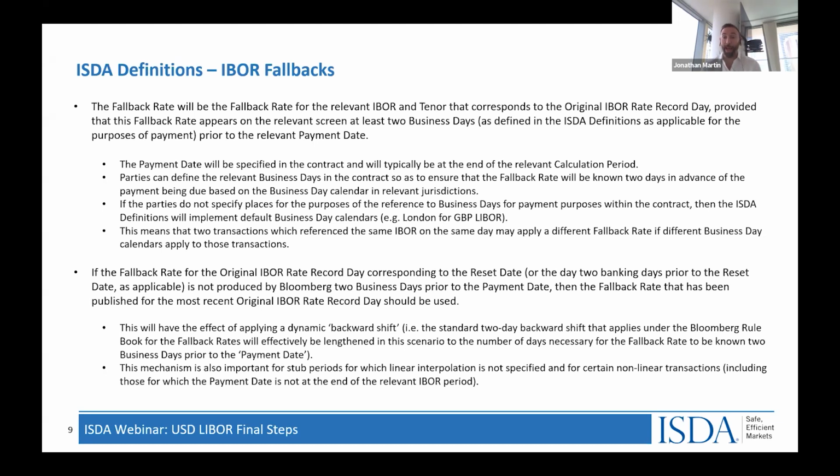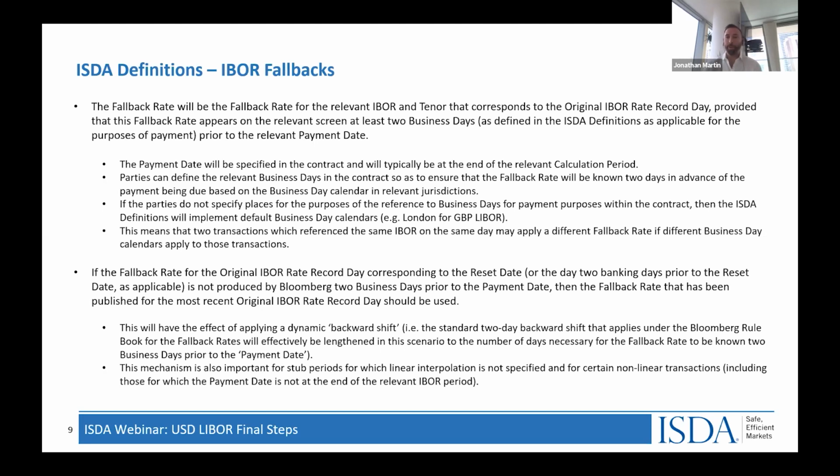The spread you would add is the spread interpolated between the next shortest spread and the next longest spread that has been published by Bloomberg. That would be the spread for 1 month and the spread for 3 months. You would interpolate that spread and then add it to your calculation of the SOFR accrued over your irregular calculation period.